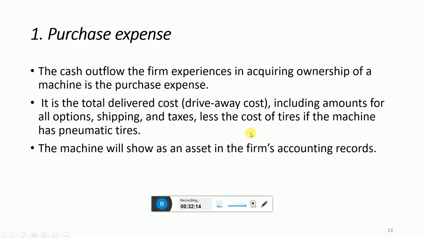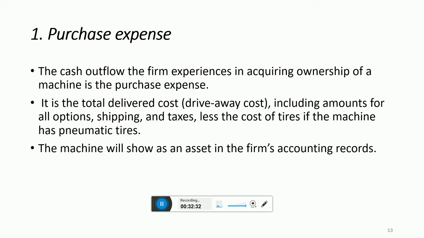The first one is the purchase expense. The cash outflow the firm experiences in acquiring ownership of a machine is called the purchase expense.